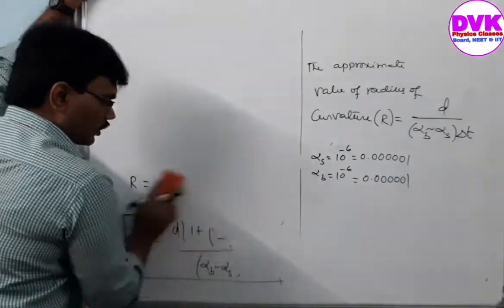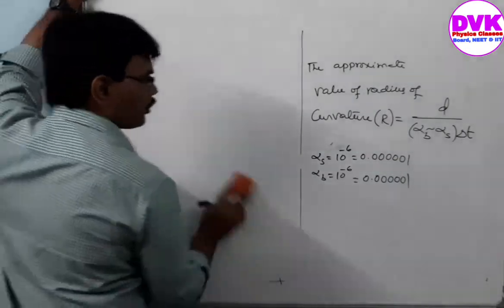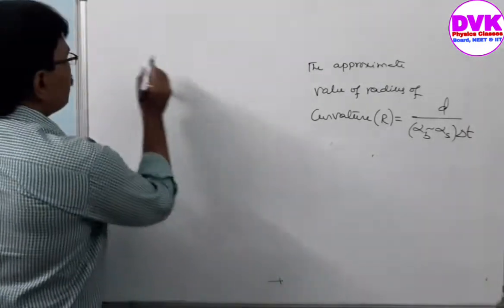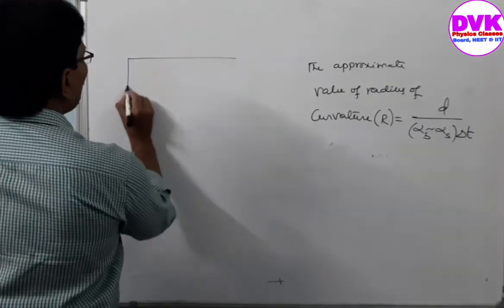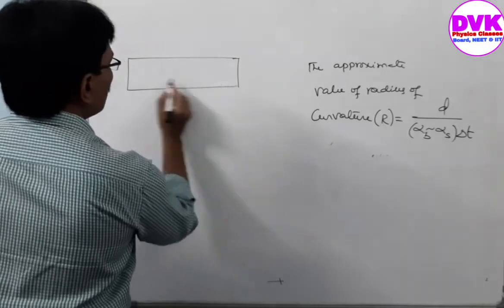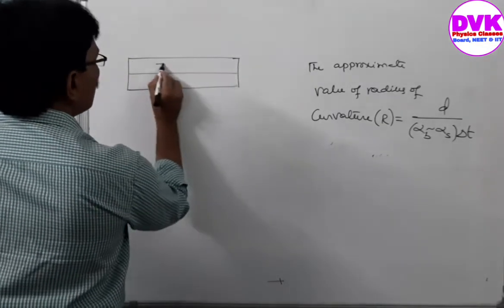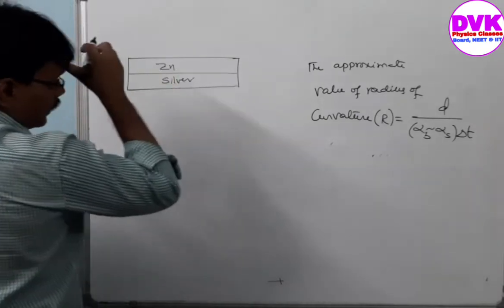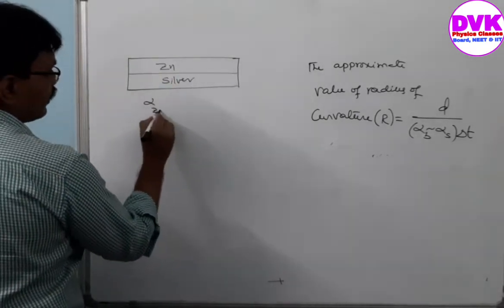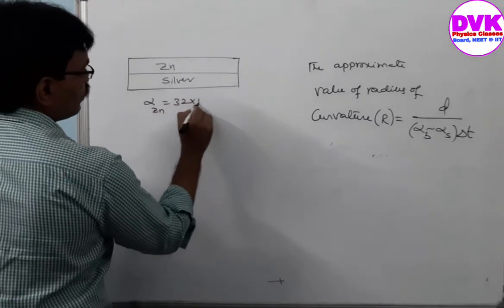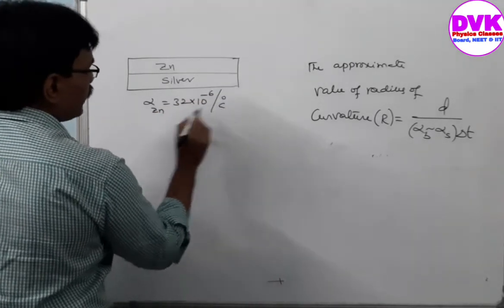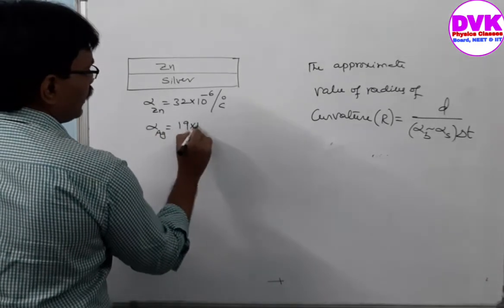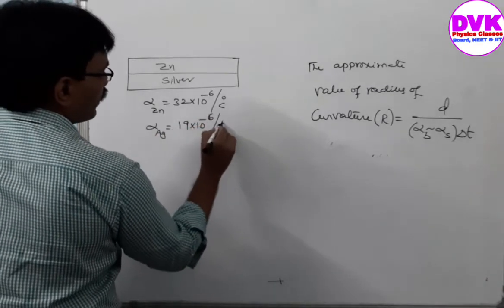Now let us solve a question to find the approximate value of radius of curvature for a bimetallic strip. For example, a bimetallic strip is made up of two metals, one zinc and the other silver. For zinc, alpha zinc is 32 into 10 power minus 6 per degree centigrade, and alpha silver is 19 into 10 power minus 6 per degree centigrade.